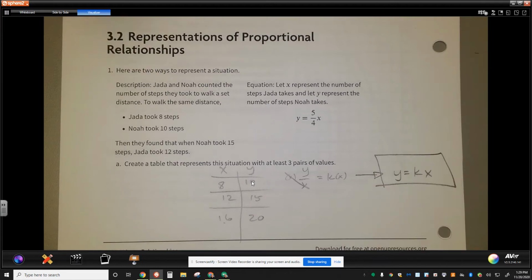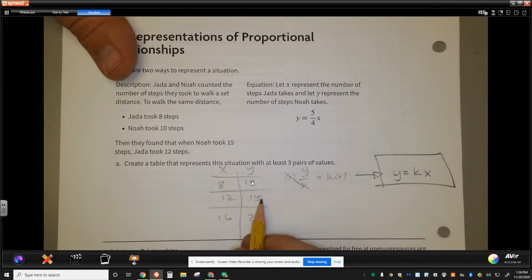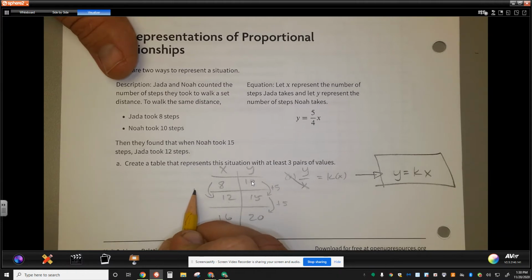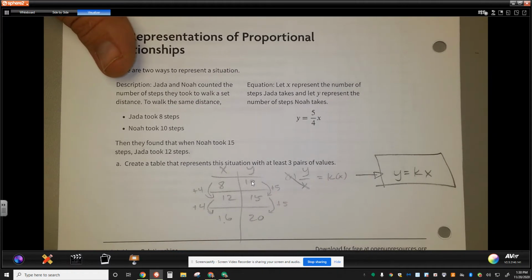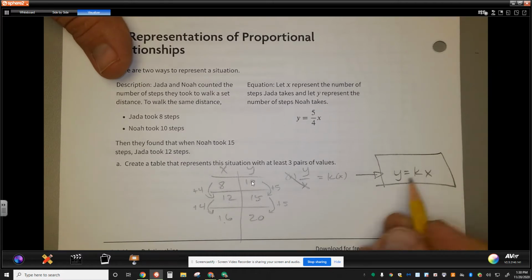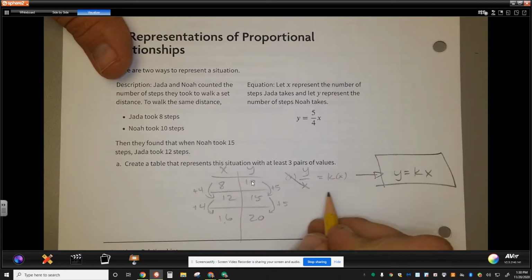Now, how do we get 5/4 in? One way that we can look at this from the table is we look at the change in y. 10 to 15 is 5, so we see plus 5 here, and then we see again plus 5 here, while in the x we see adding 4 each time. And we know that our constant rate, our constant of proportionality, is the comparison of y over x.